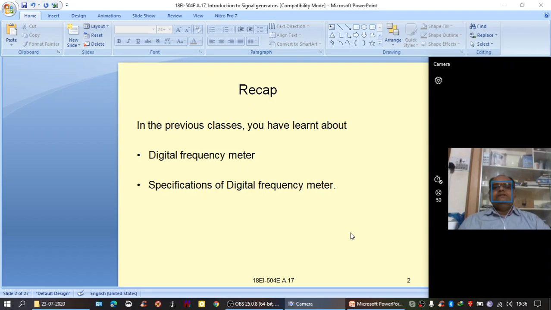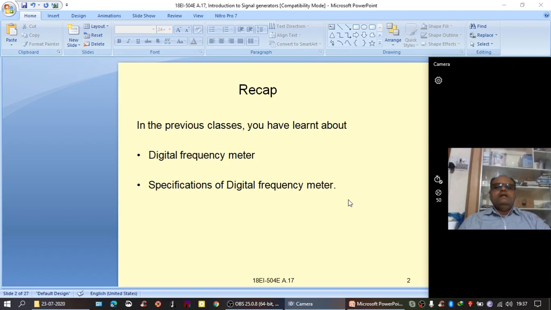When the oscillator output is set by using decade counters so that the gating time duration is 1 second, then in a duration of 1 second, the AND gate allows a number of cycles of the unknown frequency input signal.